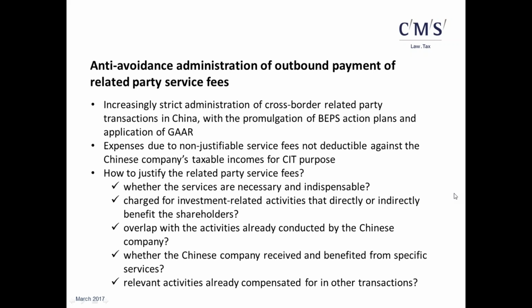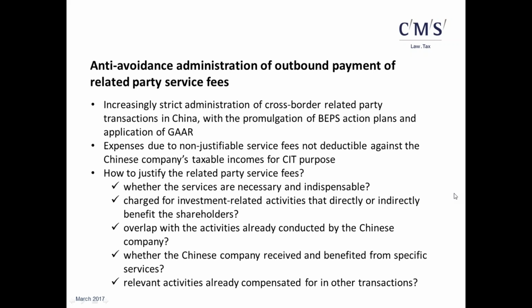So let's look at five factors here. These factors are already mentioned in a typical PRC tax circular. The first point is whether the services are necessary and indispensable. If it's not necessary, the PRC subsidiaries can do it themselves.